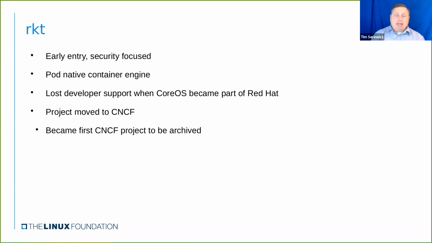So Red Hat purchased that organization, and when that happened, all the work that was being done on Rkt, which again was a very strong engine, and as I mentioned, a pod native container engine. So it was really kind of a purpose-built tool, learning from what other people had done, taking the best of it and making a tool. And what happened was, it wasn't anything with the product itself.